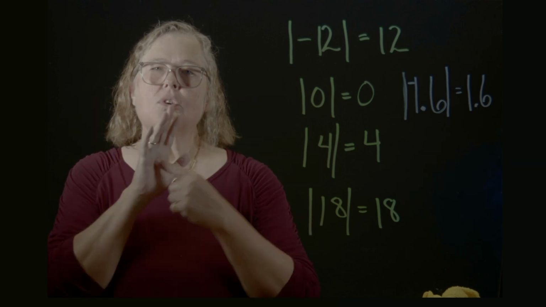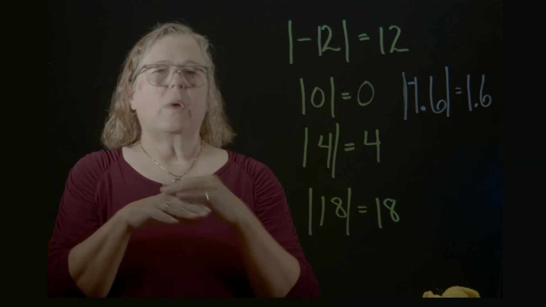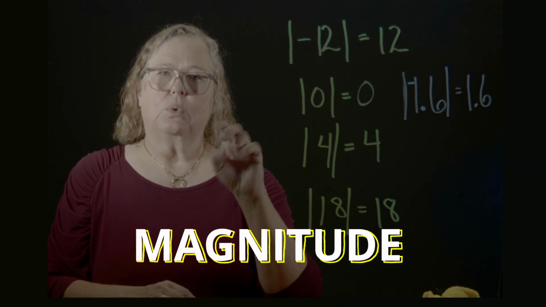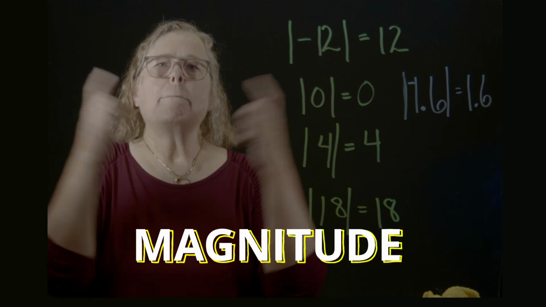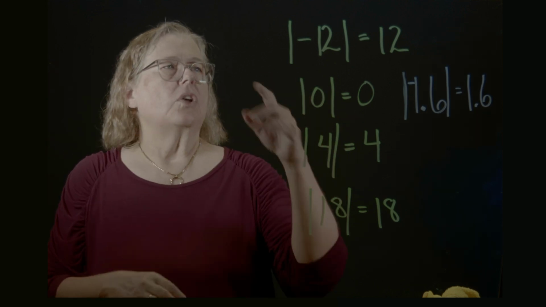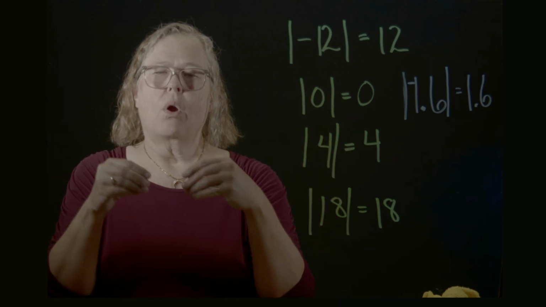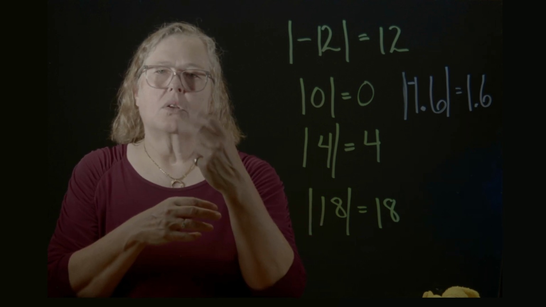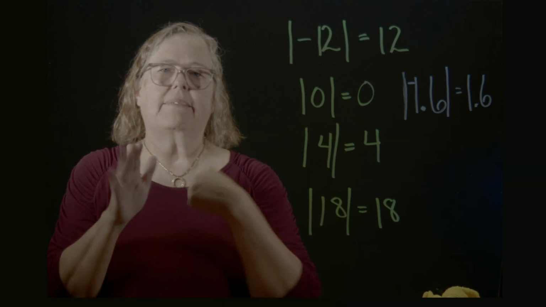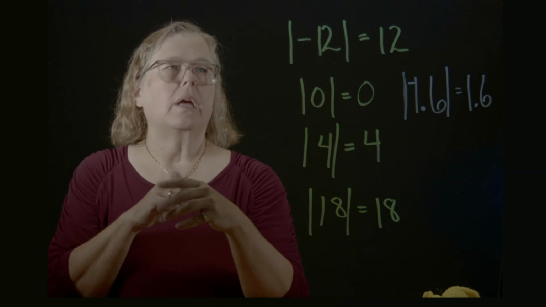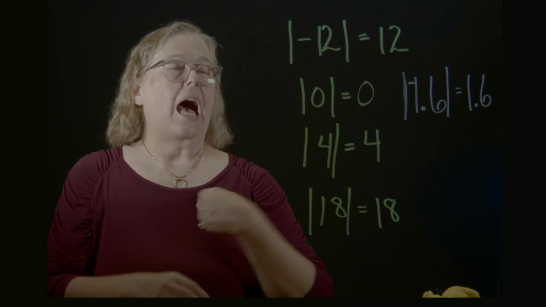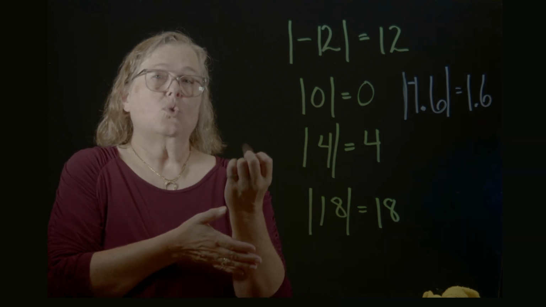So absolute values show you the magnitude. What does that mean? It means how big is something? How big is it? Like, let's say I go to the store and I paid $12. My account's going to say I have a negative 12, right? I've spent $12. But I say I spent $12.